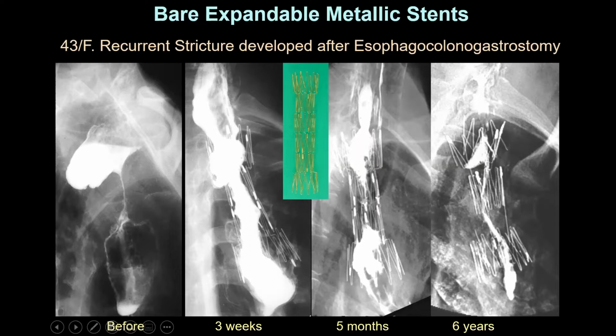A 6-year follow-up esophagogram shows very severe strictures above and within the stent and the fracture of the stent. Please keep in mind, bare stent placement in patients with benign esophageal strictures is a relative contraindication because the long-term follow-up study is very poor.